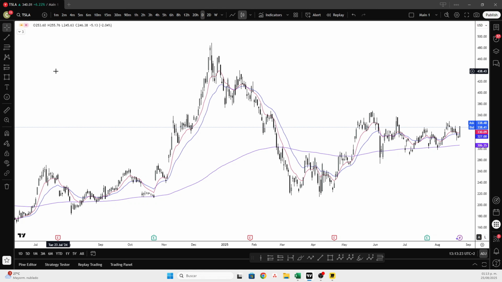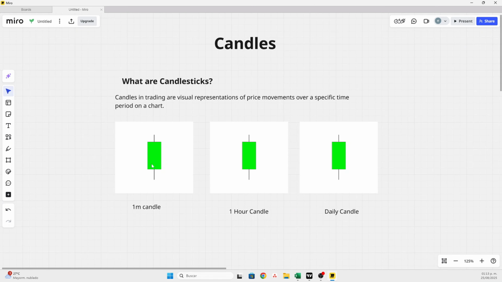Because candles can look exactly the same through different time frames, and there's no way to identify which time frame a candle is on unless we're looking at the time frame. That's the whole purpose of me drawing these candles all the same way, but that doesn't mean, of course, that each candle is going to look the same through different time frames. All that I'm trying to say is that you cannot tell which time frame the candle is on unless you actually look at the time frame.